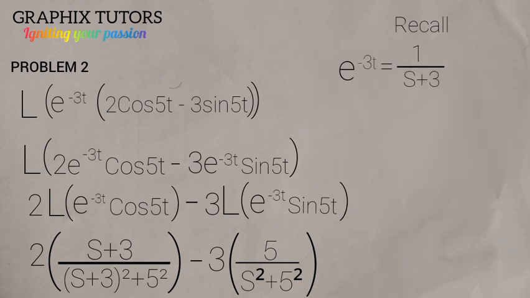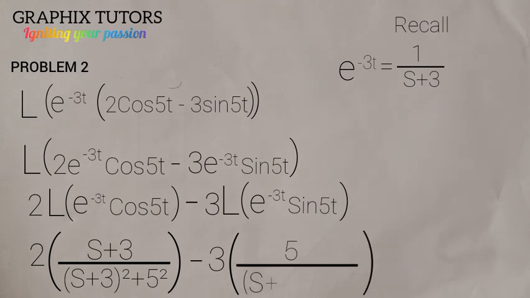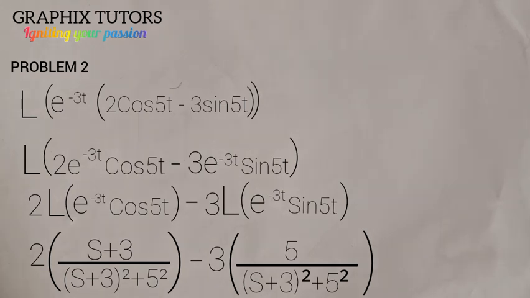So whenever I see s, I'm going to put the denominator of this, which is s plus 3. So I will now write 3 into bracket 5 all over, now this is s, but this s here has square, so I'll be putting s plus 3 all square. So I represented my s by s plus 3, plus 5 square. So this is what we have here.